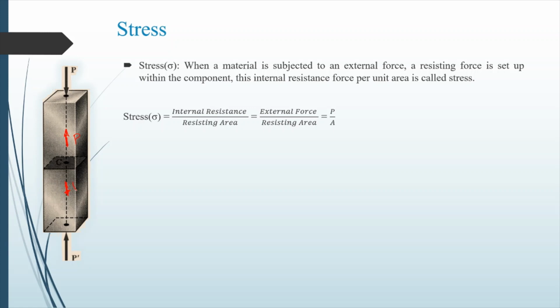So this is the internal force set up due to application of external force, and we can write this force as R, as it is a resultant or reaction to the force P. Up to the elastic limit, P will be equal to R. So we can write internal resistance equal to external force up to the elastic limit, and the resisting area can be taken as cross sectional area.